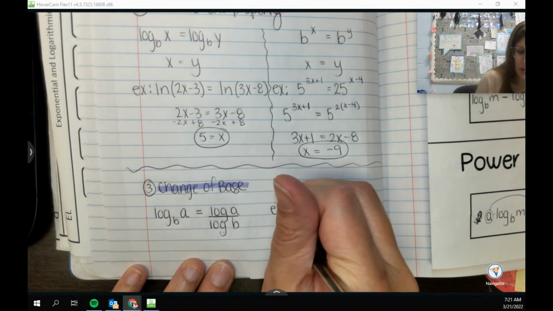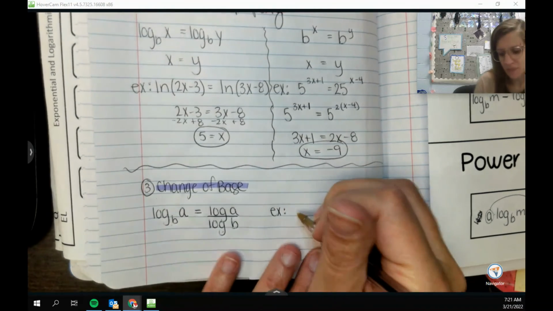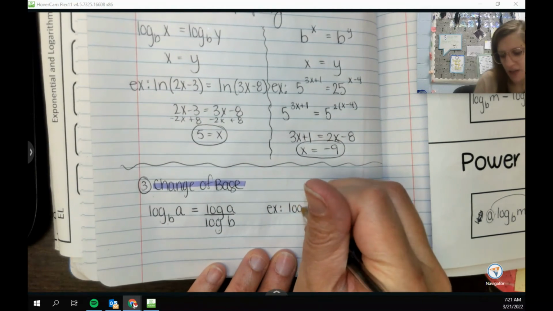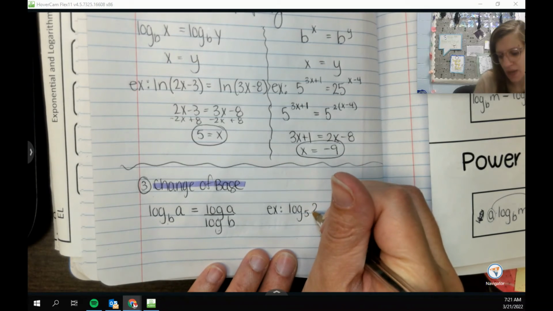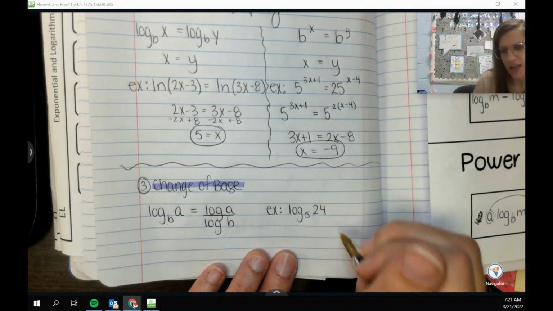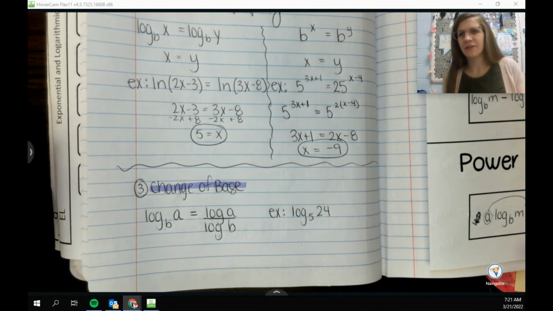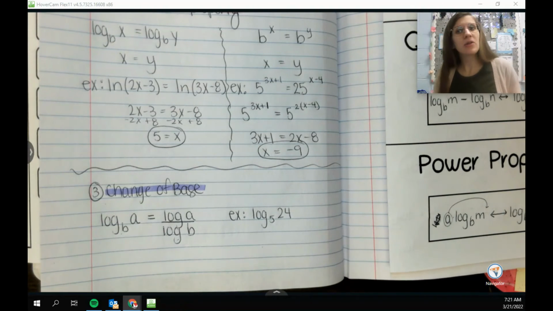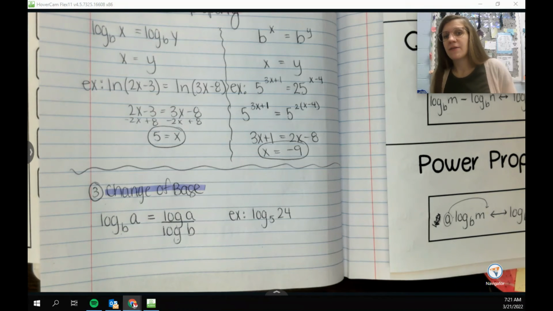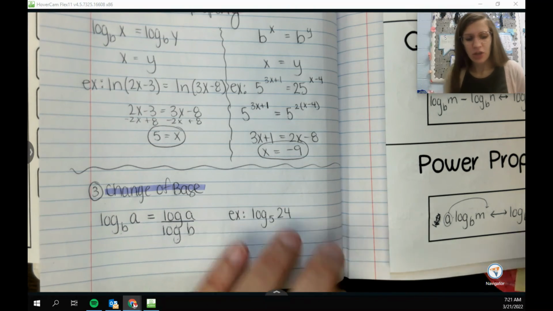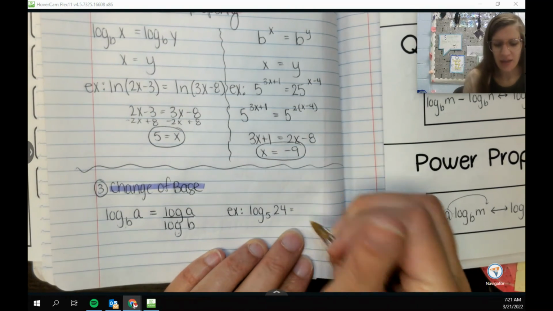Real quick example of that. If I have log base 5 of 24, I always like to pick numbers that we're familiar with. Log base 5 of 24, don't know. But log base 5 of 25 is 2. So this should be a little less.